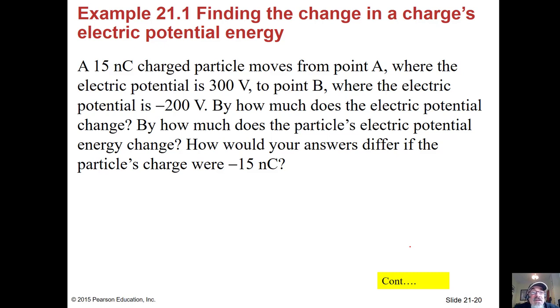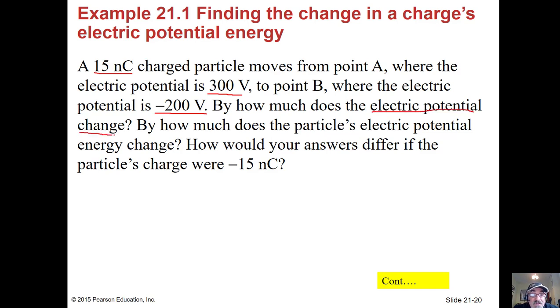Here's an example we can take a look at. A 15 nanocoulomb, so 15 times 10 to the minus 9 coulombs, charged particle moves from point A, where the potential is 300, to point B, where the potential is negative 200. By how much does the electrical potential change? What does that mean, electrical potential? What are the units of it?